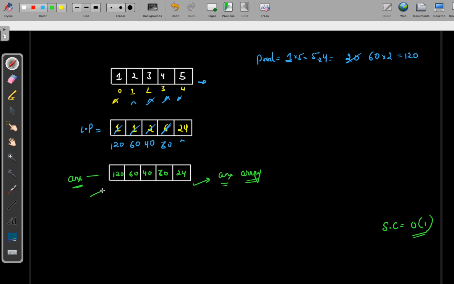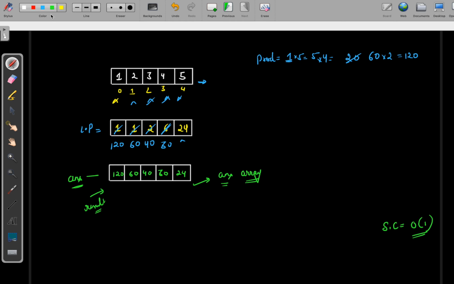This is my resultant array, this is only the answer array, and we are simply doing multiplication only once, right? So we basically stored the left product one by one, and then we are simply taking the product of all these, right? So for this 1 into 24, then 5 into 6 is 30, then 20, something like this.